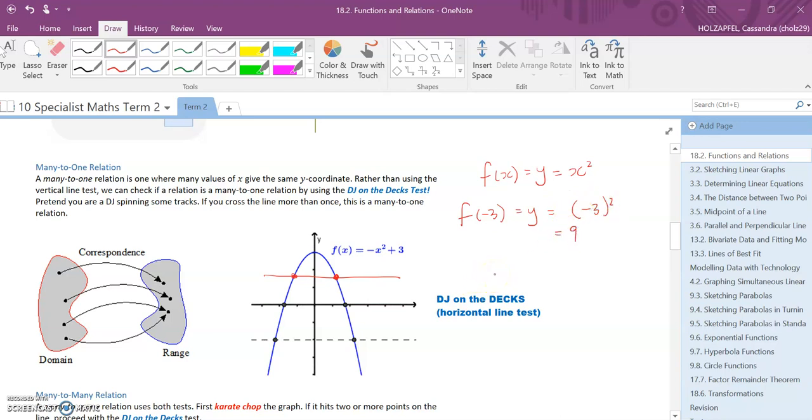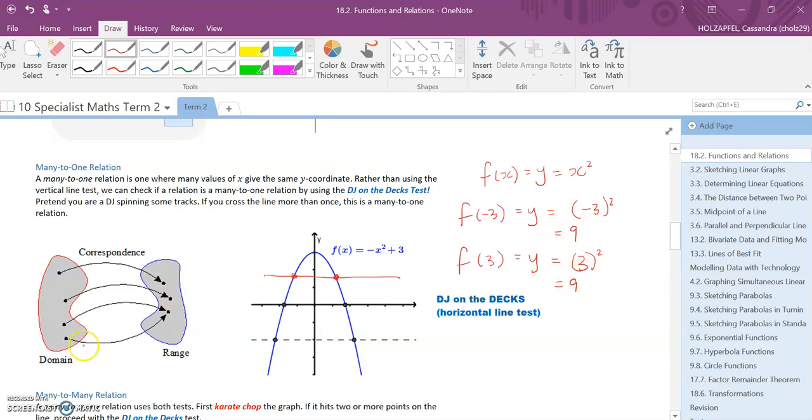What other value of x could I substitute in there to also get 9? Well, I could also substitute in +3, couldn't I? Again, I'm substituting in to find the value of the function when x is equal to 3, in other words, the value of y when x is equal to 3. And we know that that's going to be equal to 9. So there are many x values that give the same value for y.